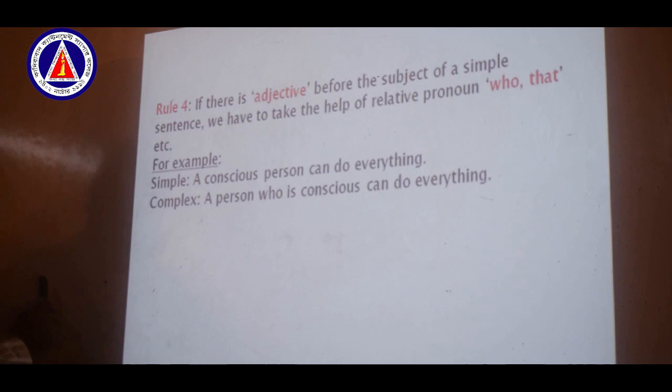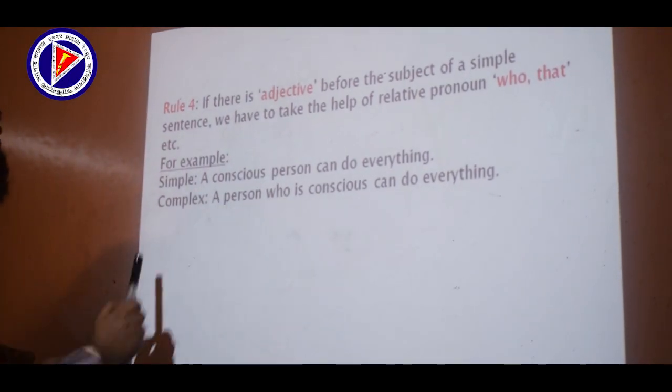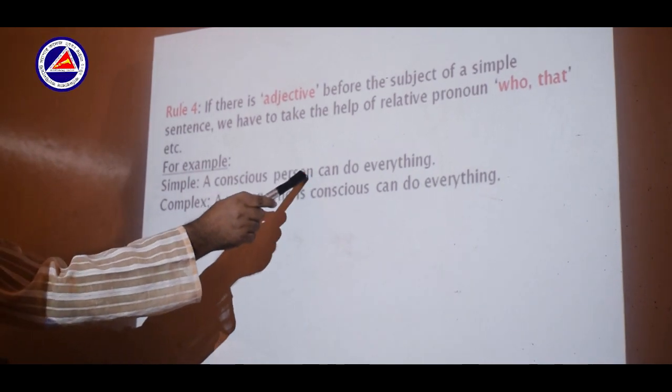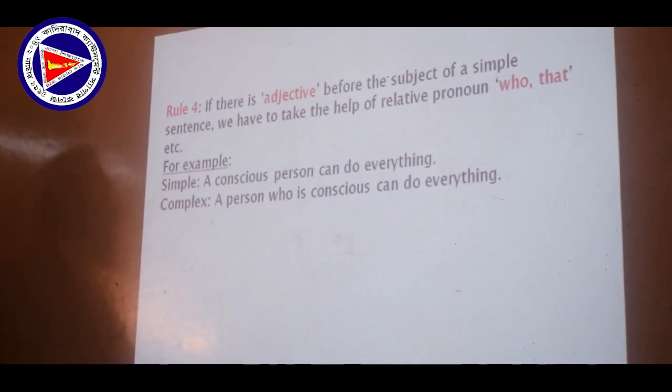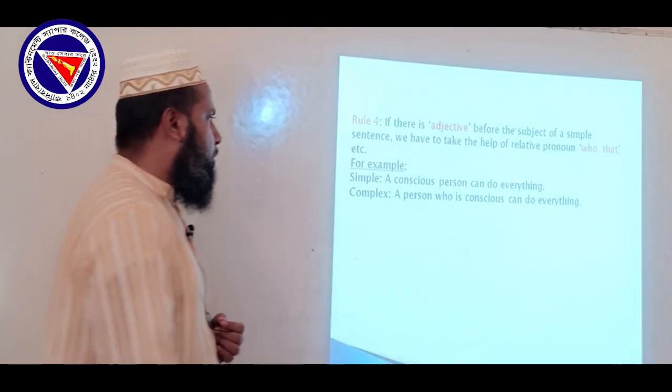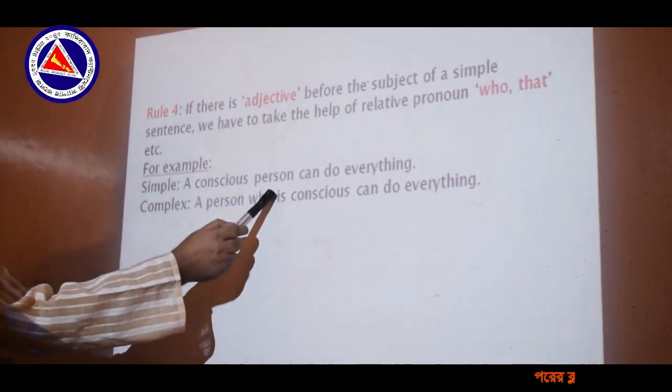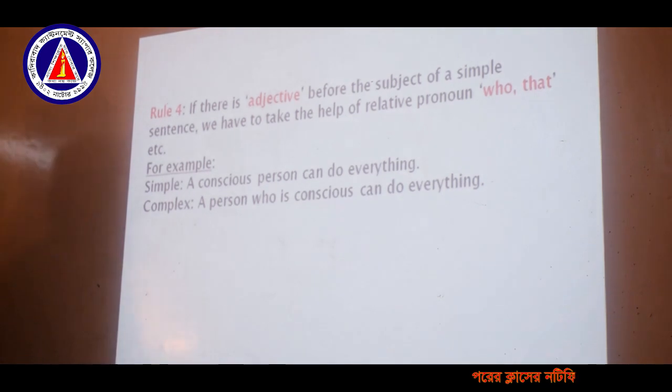So to make it complex: a person who is conscious. I say there should be an adjective. Here "person" is a noun and "conscious" is an adjective. That's why we have to use either "who" or "that". I have used "who" here because it's about a person.